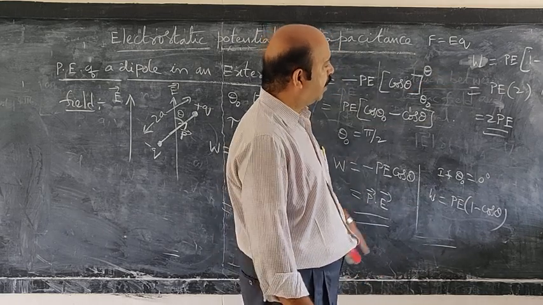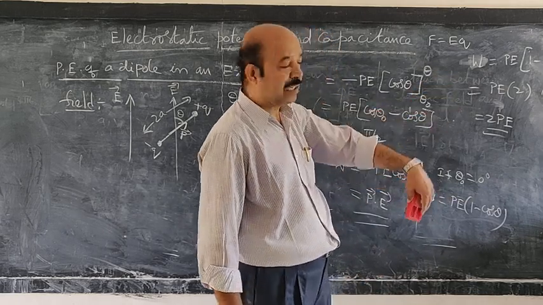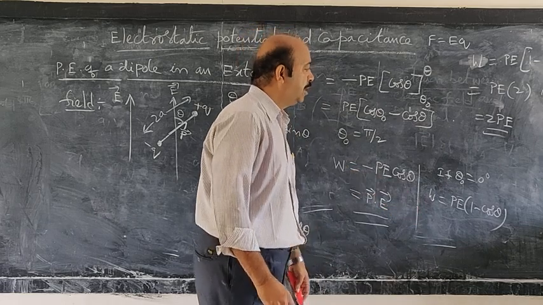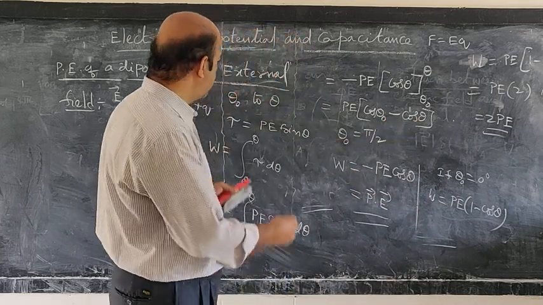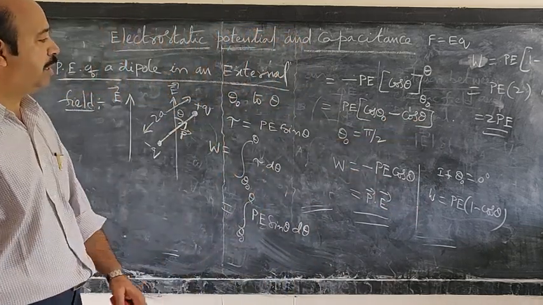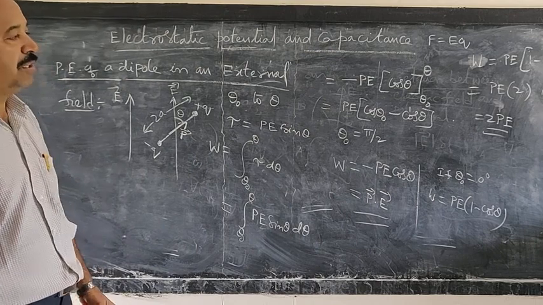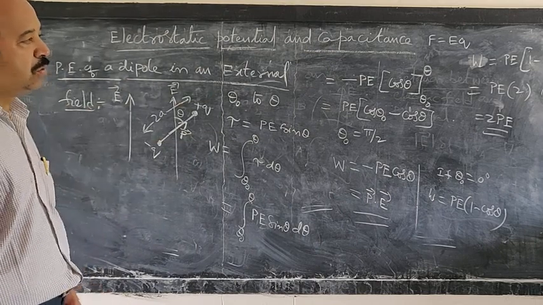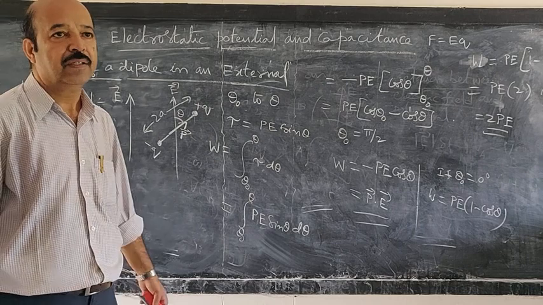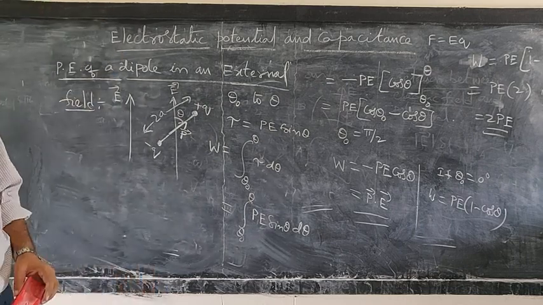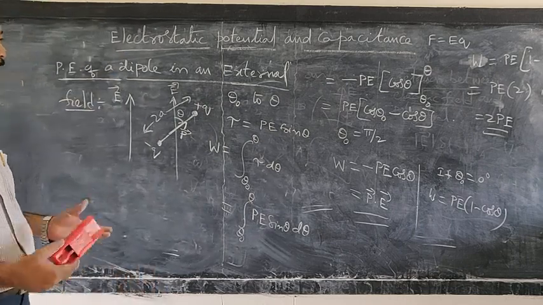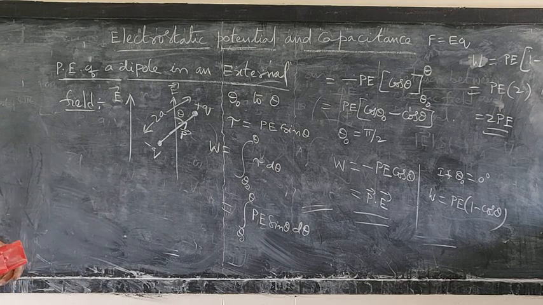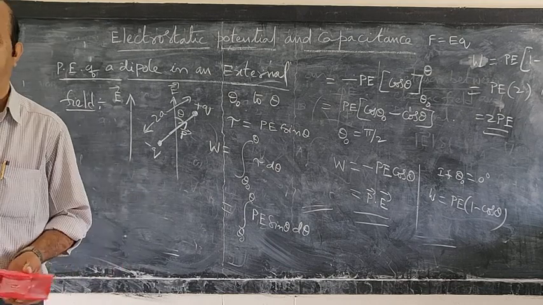If it is rotated opposite to the direction of the electric field, then the work done, which is called the electric potential energy of the dipole, is equal to 2PE. So this is about the work done or potential energy of a dipole kept in an external electric field.